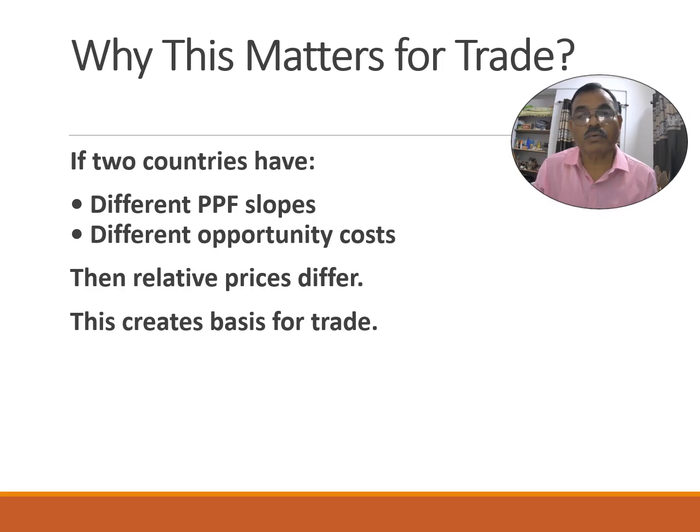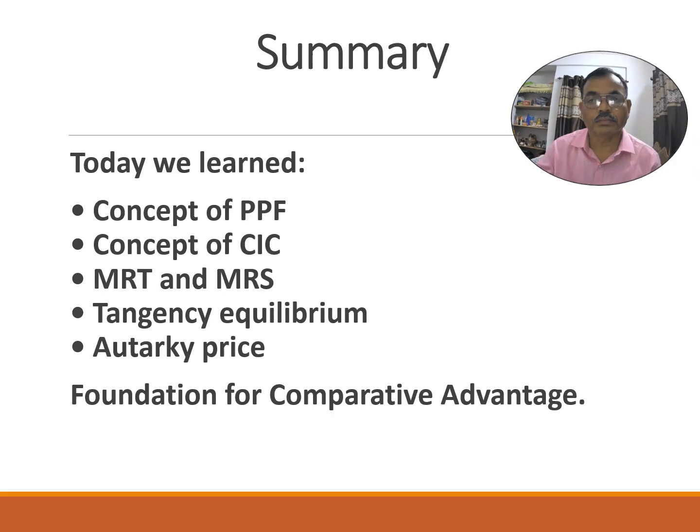Let us now summarize what we have learned today. Today, we discussed the analytical foundation of trade theory. We understood the concept of the production possibility frontier and how it represents scarcity and opportunity cost.